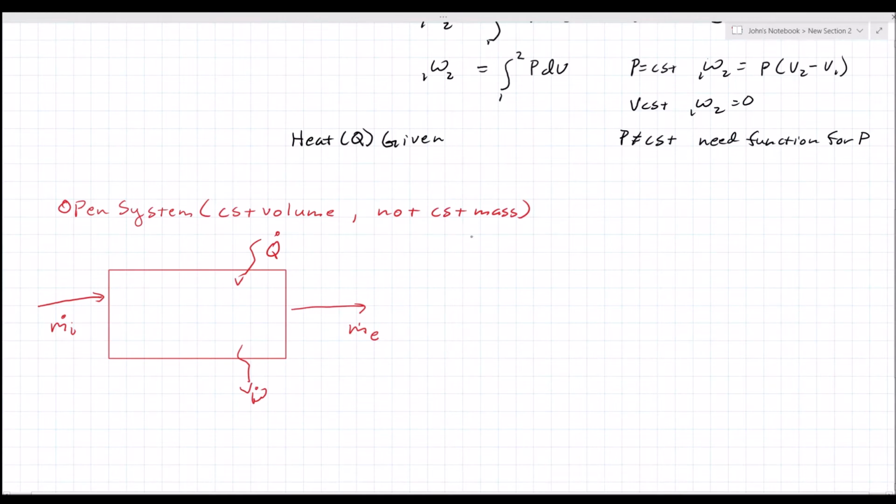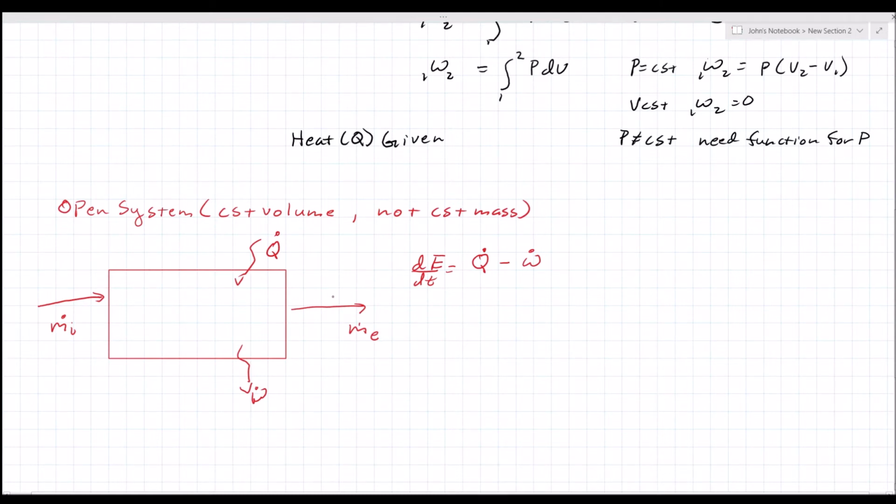So instead of a delta E, now you have to check how energy changes with time. So it becomes dE/dt is equal to the heat pumped into the system as a function of time, minus still the work, or the power in this case, because it's a derivative of work.